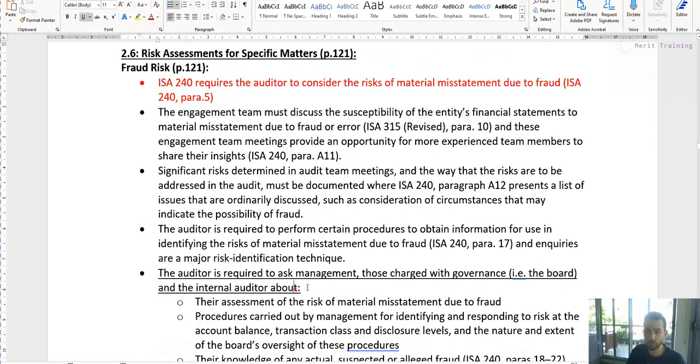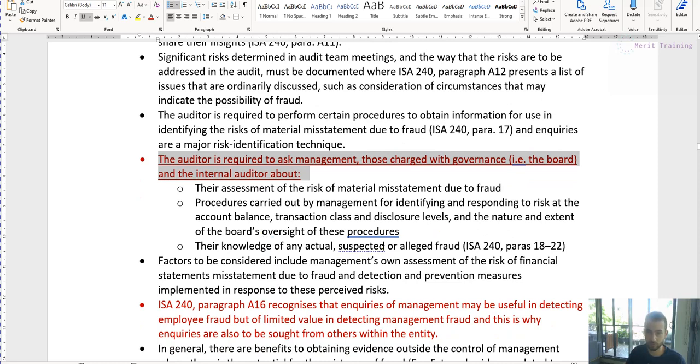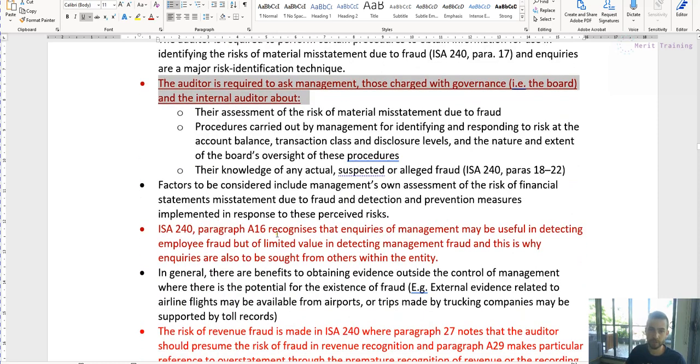So we also know that the auditor is required to ask management, i.e. those charged with governance, i.e. the board, and the internal auditor about their assessment of ROMM due to fraud, procedures carried out for identifying fraud, their knowledge of actual or suspected or alleged fraud, factors to be considered in management's own assessment of fraud.